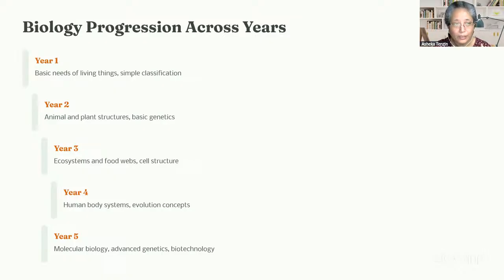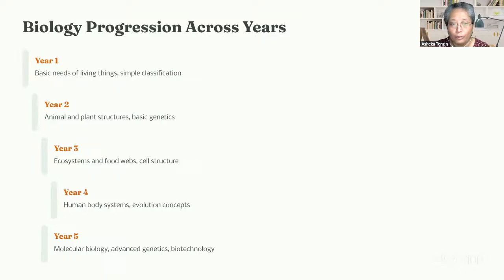If you're looking at biology across the years from MYP 1 to 5, in MYP year 1, you should see that you are teaching the basic needs of living things and simple classification. In MYP 2, you should look at animal and plant structures, basic genetics. MYP 3, you can look at ecosystems, food webs, cell structure.